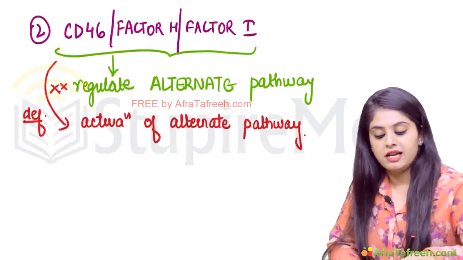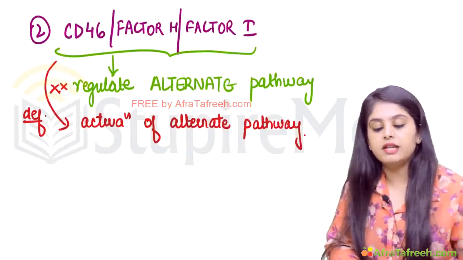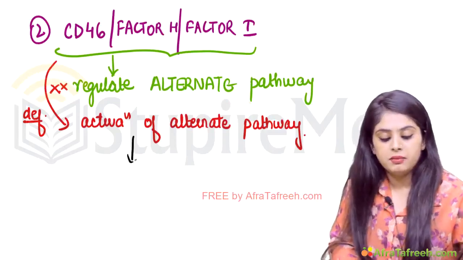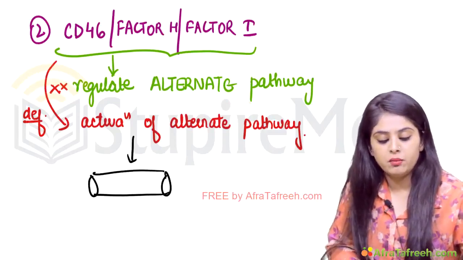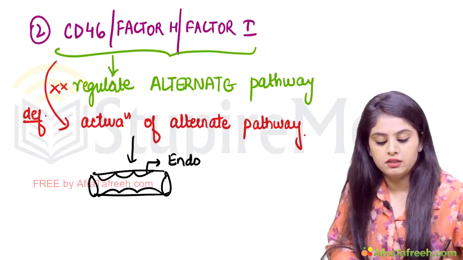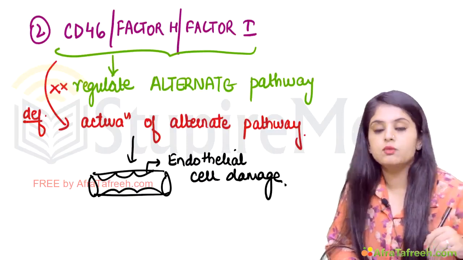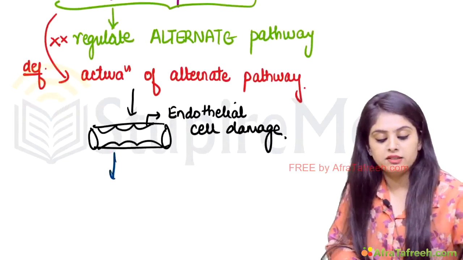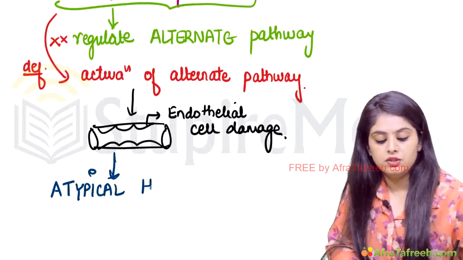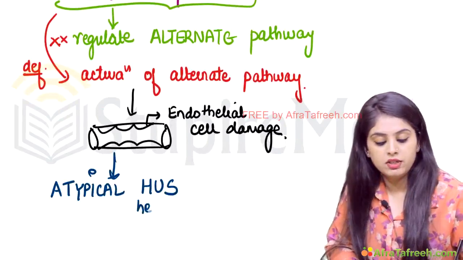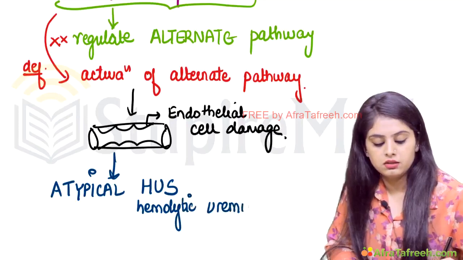As a result of this, as more and more alternate pathway keeps on getting activated, finally the blood vessels are going to suffer from endothelial cell damage, as a result of which it lands up in a disease known as atypical HUS, that is hemolytic uremic syndrome.